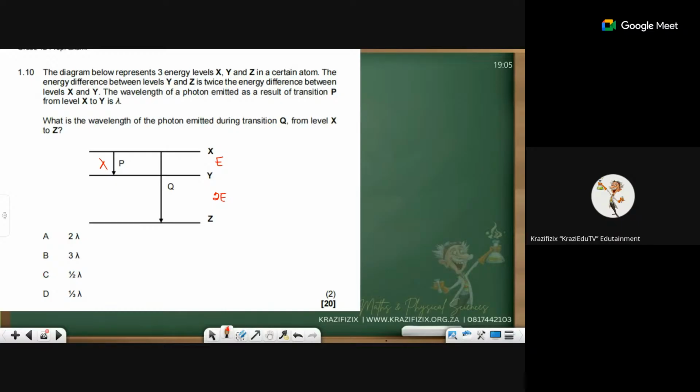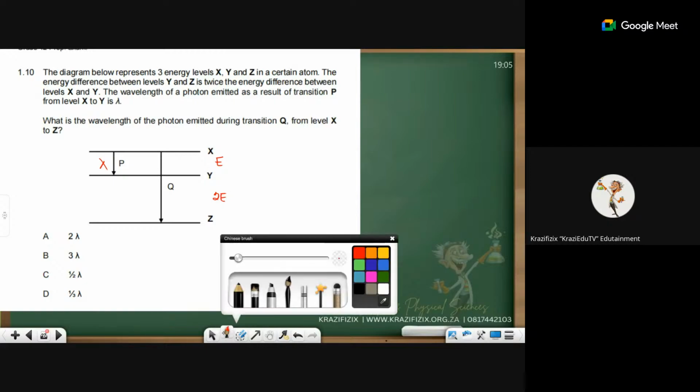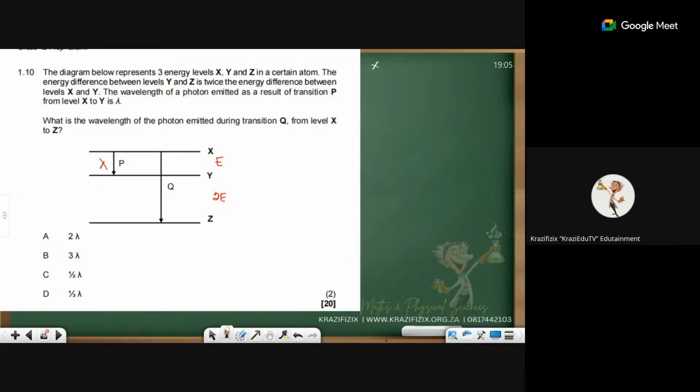Let me show you how to do this without guessing, because we're guessing between B and D. This is what I would do if I don't want to guess. What is my formula? E equals what? HF, HC over lambda. Okay, let's work between X and Y. E equals HC over what? Lambda.